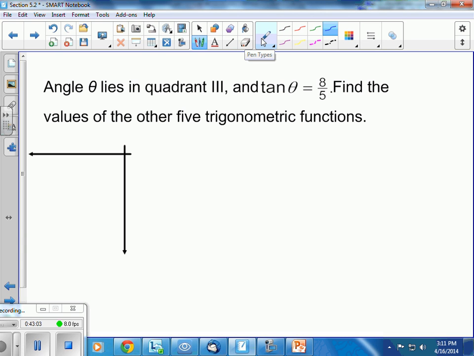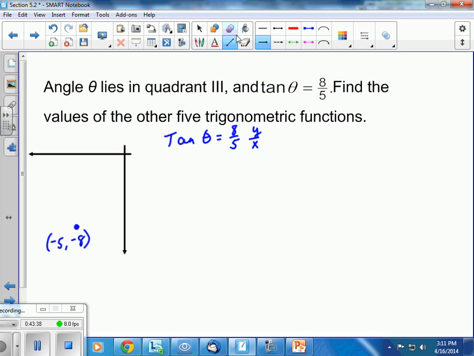And I know that the tangent is equal to 8 over 5, and of course, that is y over x. So my x has to be -5, and my y has to be -8. They're both negative because they're both in the third quadrant, but because a negative divided by a negative is a positive, that's why the tangent is in fact positive.